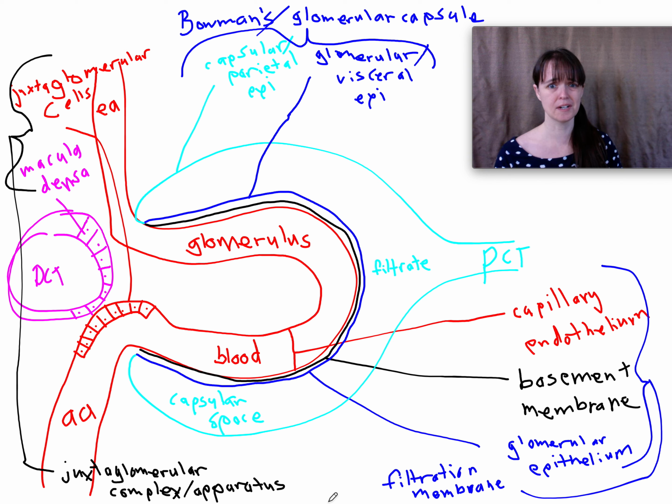And I can't draw a knot of capillaries, but this should be more interactive. It should be, but again, I can't draw that. But you can see the Bowman's capsule surrounds the glomerulus. You can see the filtration membrane of the capillary endothelium, the basement membrane, and the fenestrated glomerular endothelium.